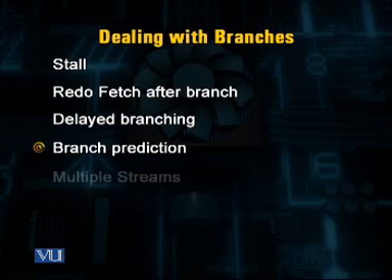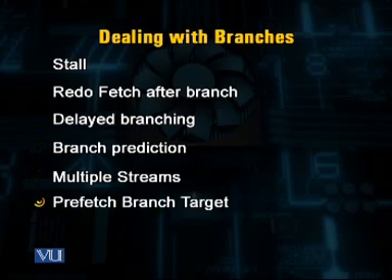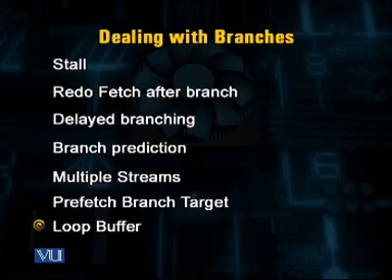Further additional techniques are known as multiple stream, prefetch branch target, and loop buffer. I will talk about these techniques one by one. So let us first of all consider the delayed branch.